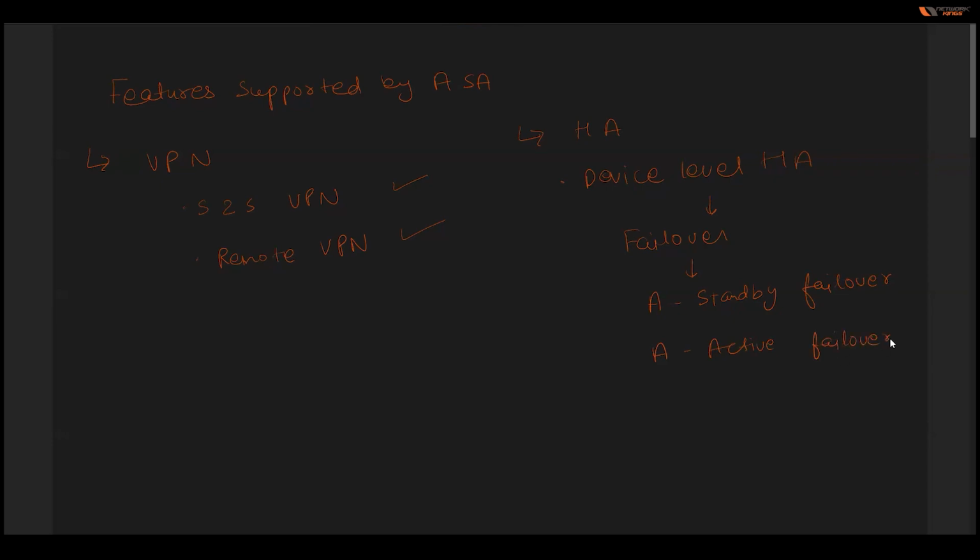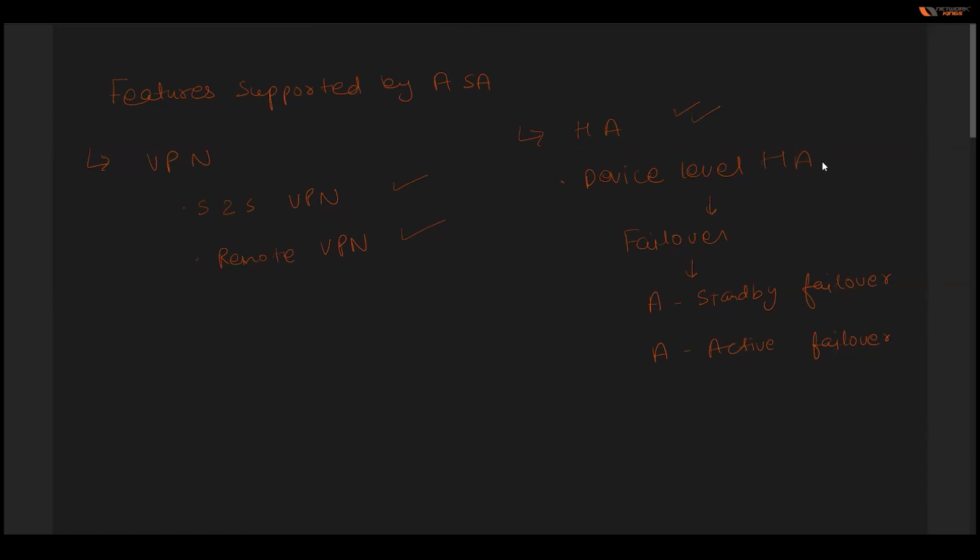This high availability thing is very important nowadays because you won't risk your network by deploying only a single appliance. You must have a backup appliance for that firewall or router. If you're deploying ASA, it's quite mandatory to have a backup appliance. What if the primary device fails? So you must deploy in a scenario where you have high availability.